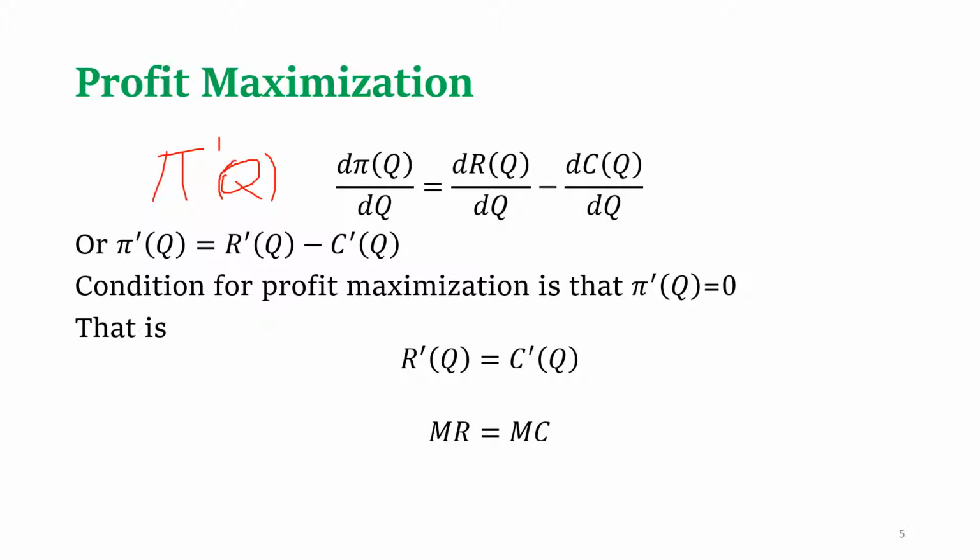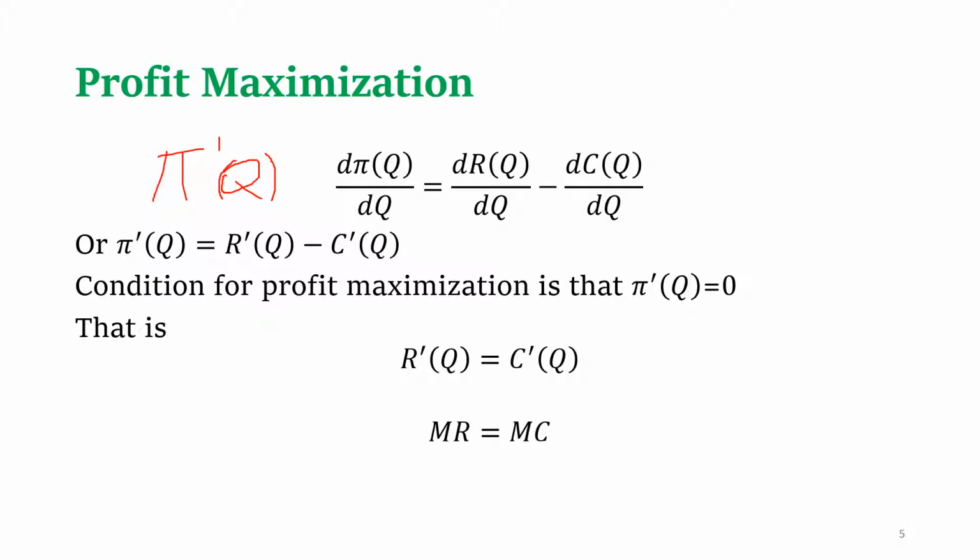So the condition for profit maximization is that pi prime Q equals 0. So you need to set that one because that's the first order condition. It is a necessary condition for profit maximization. Do you know why we set the derivative of profit to 0? Because that is the only condition that will equate the marginal revenue and the marginal cost.